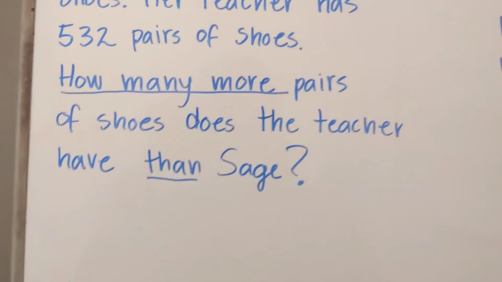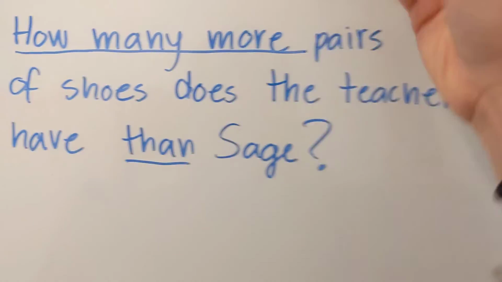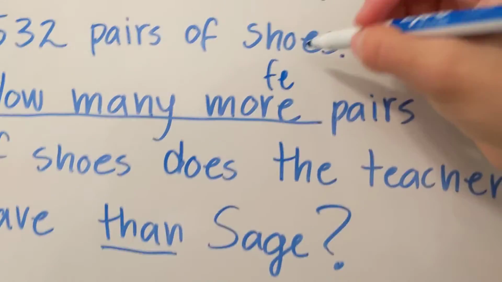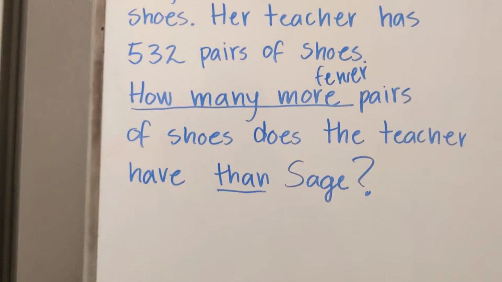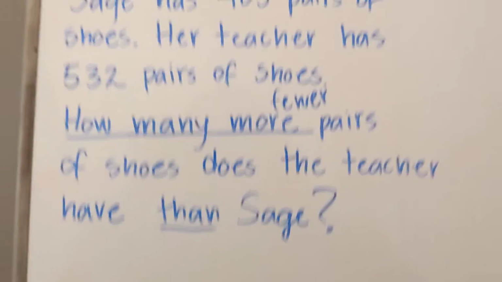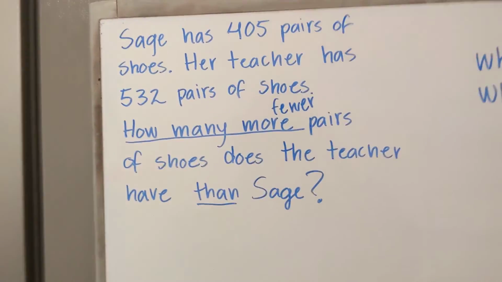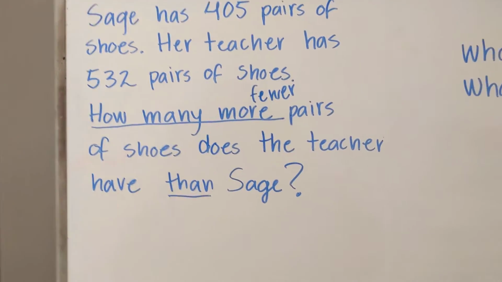All the word problems we are going to be doing say how many more than or how many fewer than. They both mean the same thing. How many more, how many fewer, it's telling you to find the difference. It's telling you to compare which one has more, which one has less. So it's always going to be subtraction.